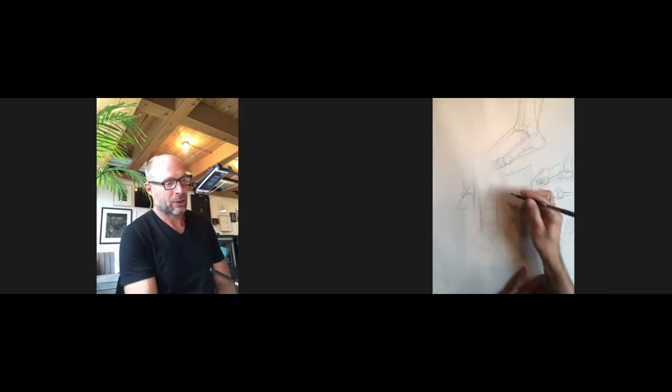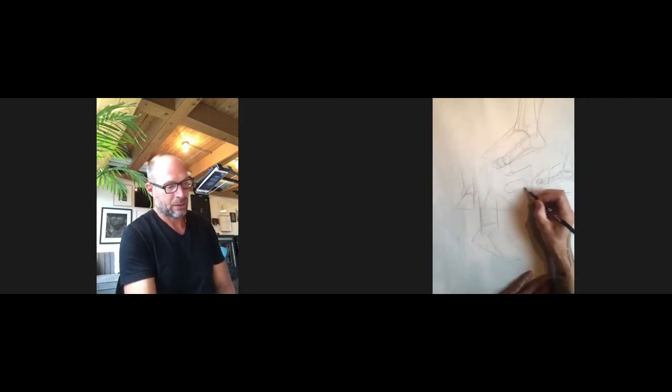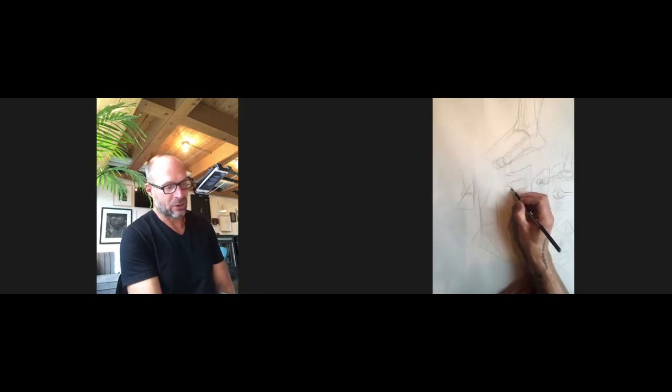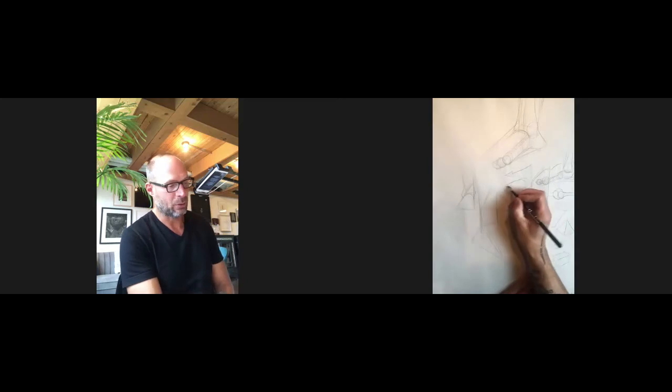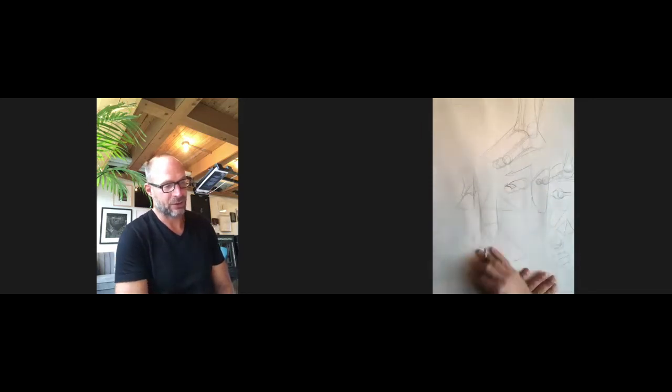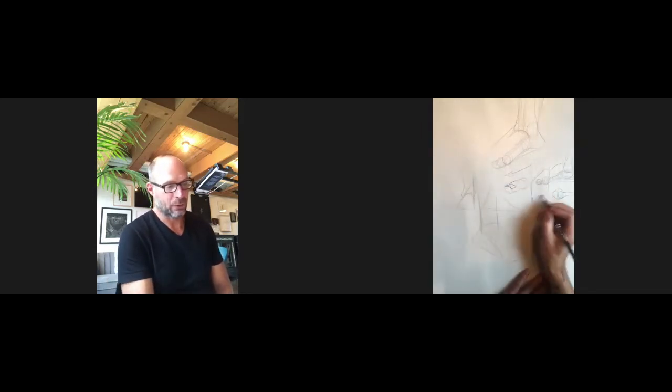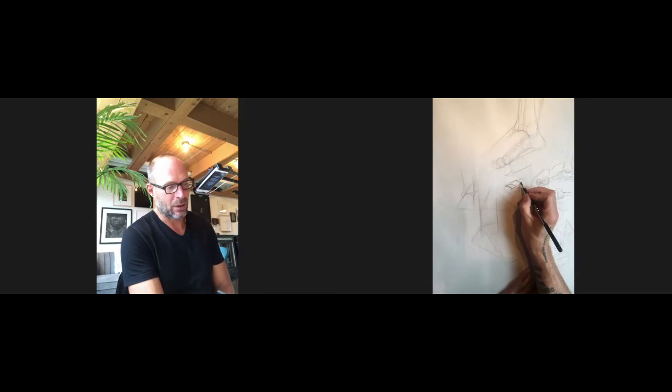And that creates the capacity to take this shape, combined with this, and combined with this, and use the contour of that to get a sense of what the top of that big toe looks like. Overlap that big toe with the nail bed itself as it moves back towards this first junction point, and then treat that as a little tent as it rounds over top of the knuckle of the big toe.